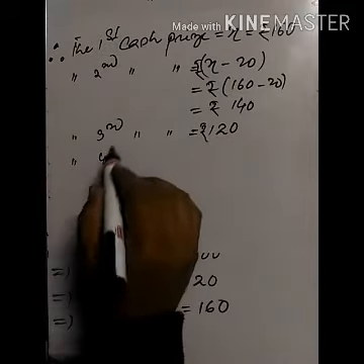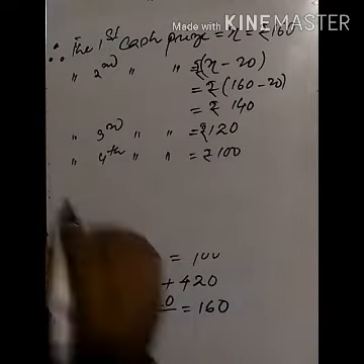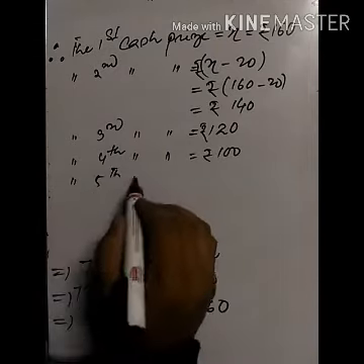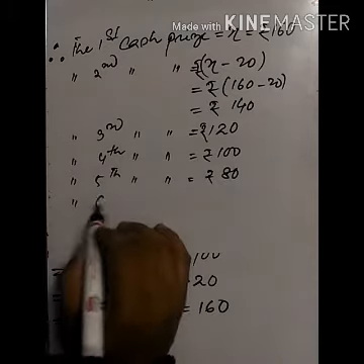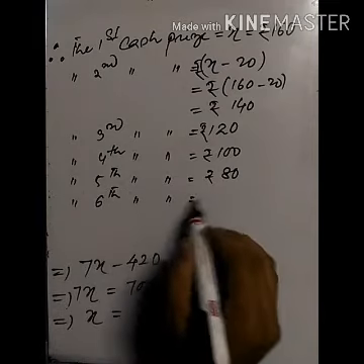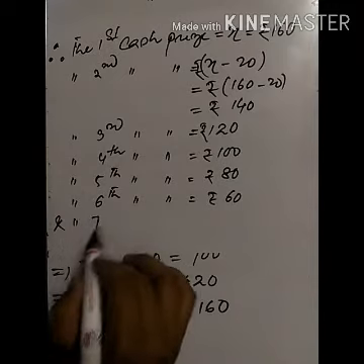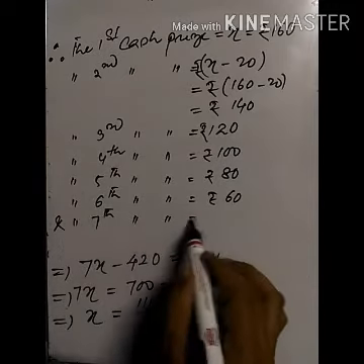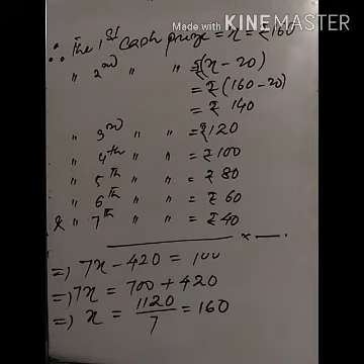Next, the fourth prize is rupees 100. The fifth prize is rupees 80. The sixth prize is rupees 60, and the seventh prize is rupees 40. So now we have found the first prize, second, third, fourth, till the seventh. So the answer is done. We will be moving to the next question.